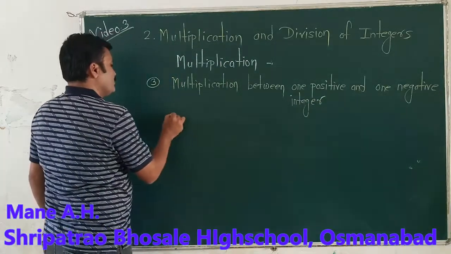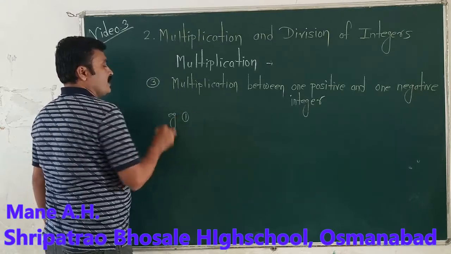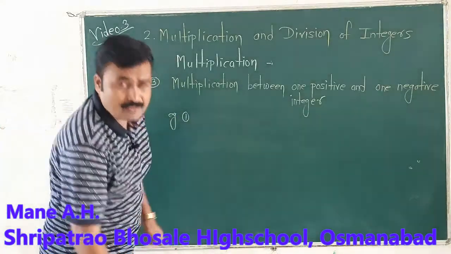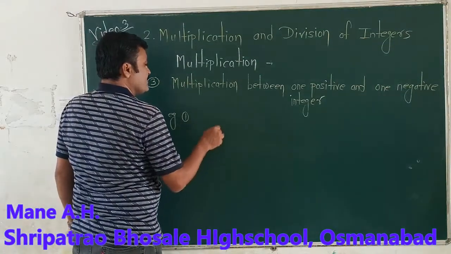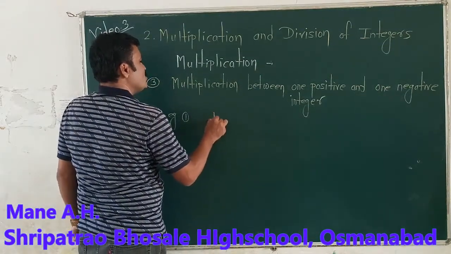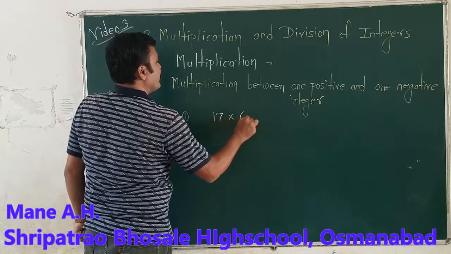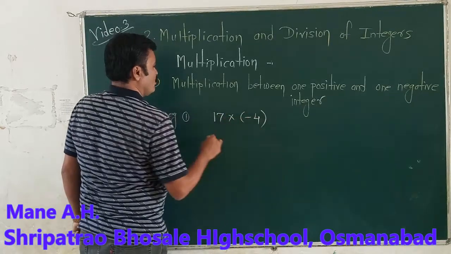So here to explain this condition in front of you, I am taking the first example. Let's observe this example: 17 multiplied by minus 4.